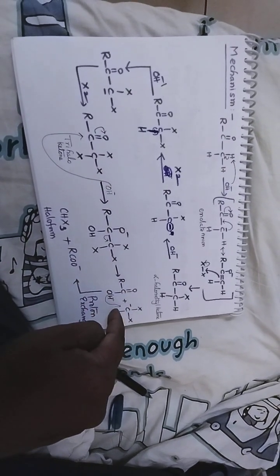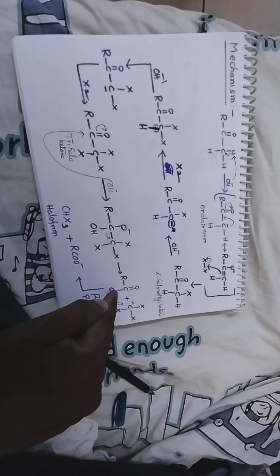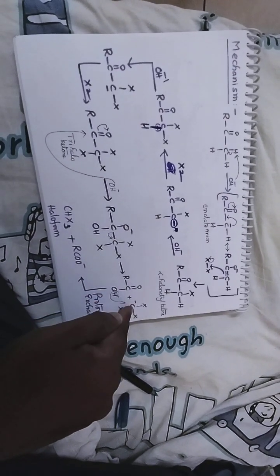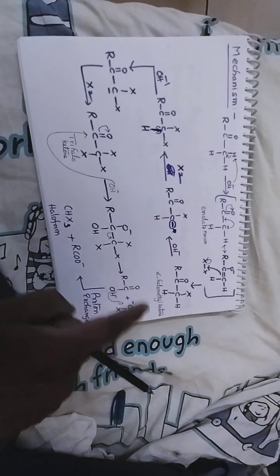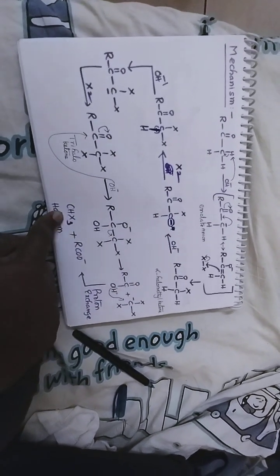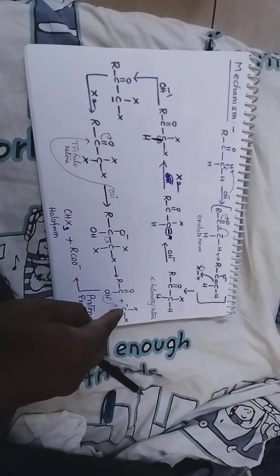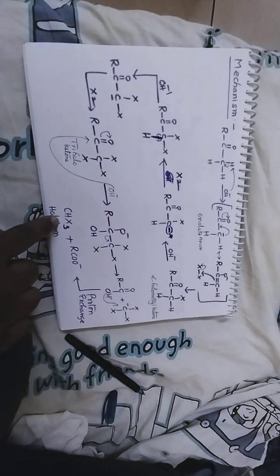C minus with three halogens. So proton exchange will happen from here to here. So RCO minus and haloform. If X is equal to chlorine, chloroform. If X is equal to bromine, then it is called bromoform. If X is equal to iodine, iodoform. But fluoroform cannot be prepared. Okay, thank you students.